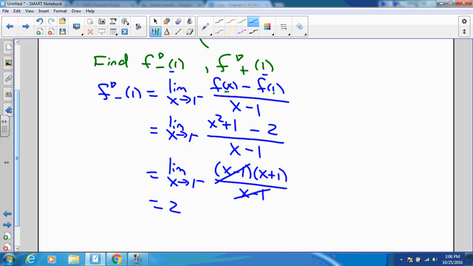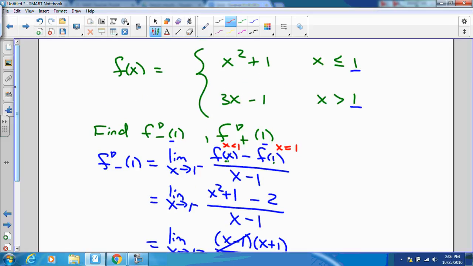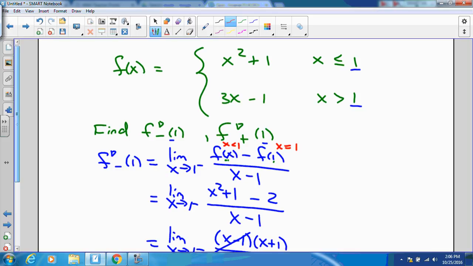And that is our derivative from the left at 1. So just to recap, here we used the definition of f for x less than 1, and here we used the definition of f for x equals 1. In this particular case, those happen to refer to the same piece.